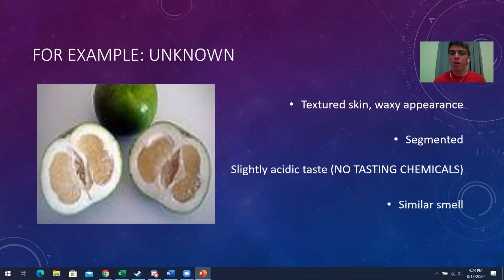So at this point, we could conclusively identify this as a citrus fruit sample. What specific type of citrus fruit, or anything more specific than that, we don't have information for at this point, but we could perform subsequent experiments. And that's scientific research in a nutshell.